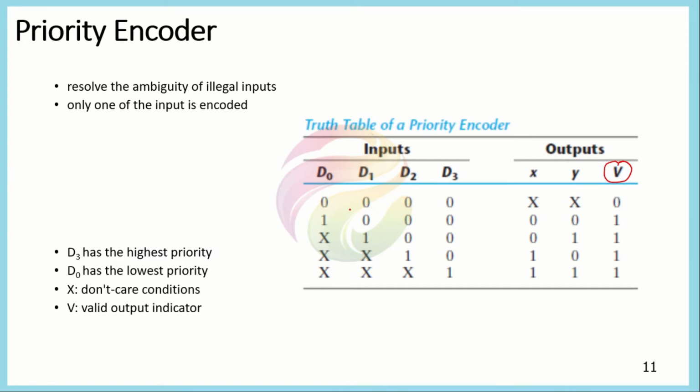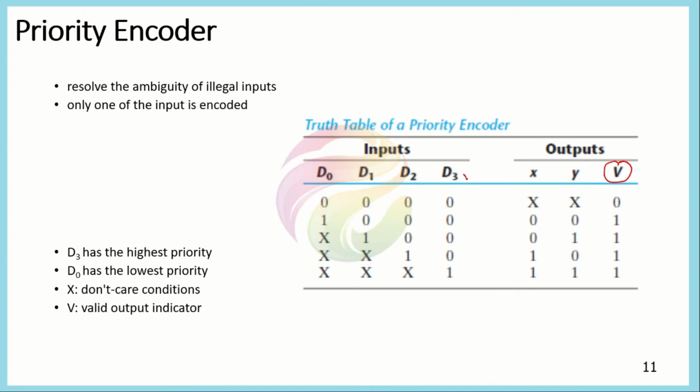For the rest of the values, when any one of the inputs is equal to 1, we had a problem that if more than one input gets a value of 1, there is a problem at the output. So we have to define some priority for each input. We use the subscript to define the priority level.